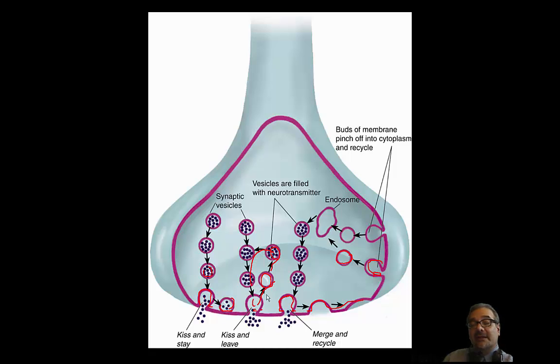So you've got the kiss and stay, kiss and leave, and merge and recycle. These are all processes to maintain the vesicles and to reuse them, because you don't want to be transporting a lot of this up and down the axon. So it's easier to keep some of this material and recreate it inside the terminal button.